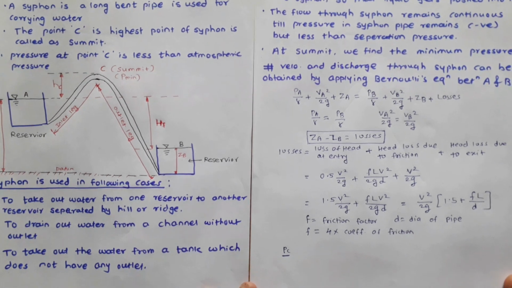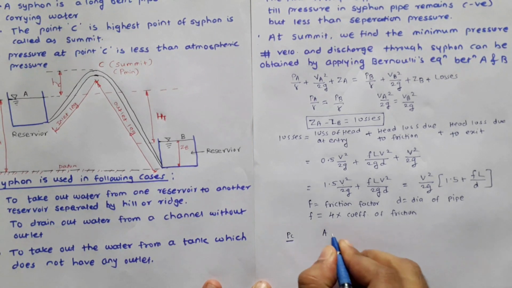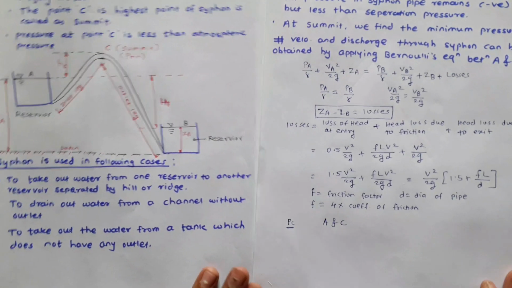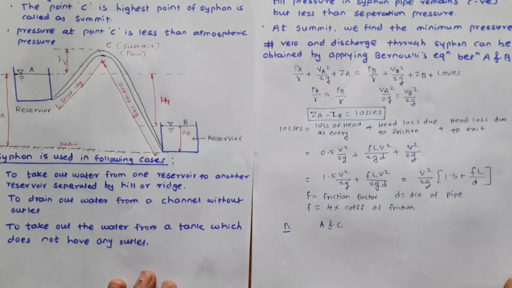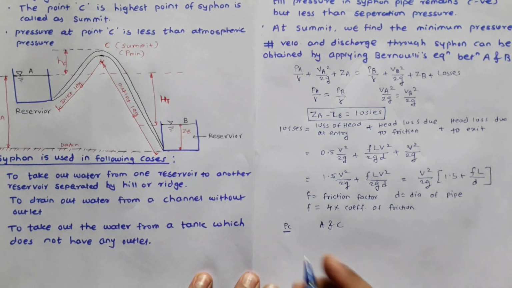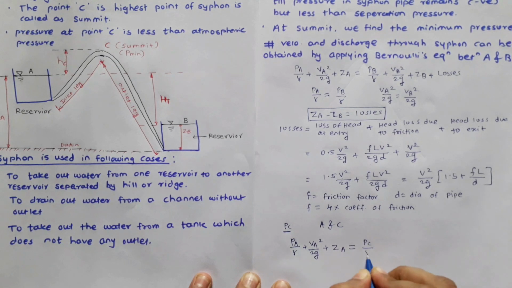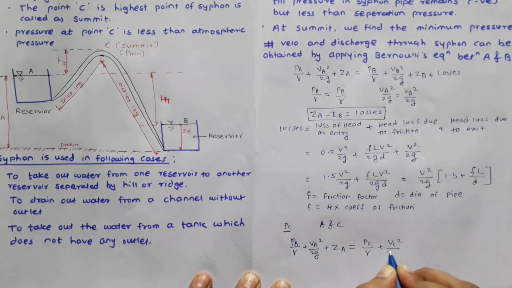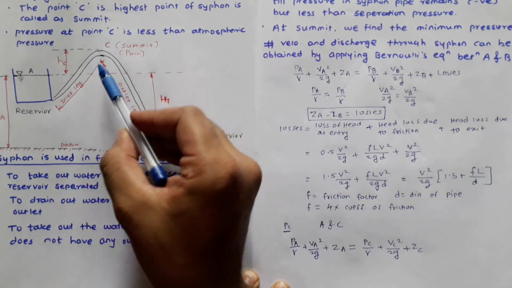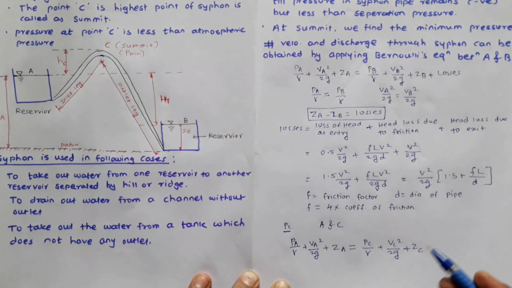Applying the Bernoulli equation between A and C: pressure at A, velocity at A, and datum at A, P_A by gamma plus V_A square by 2g plus Z_A, is equal to P_C by gamma plus V_C square by 2g, the velocity head at point C, plus Z_C, the height or head from C to the datum, plus losses.